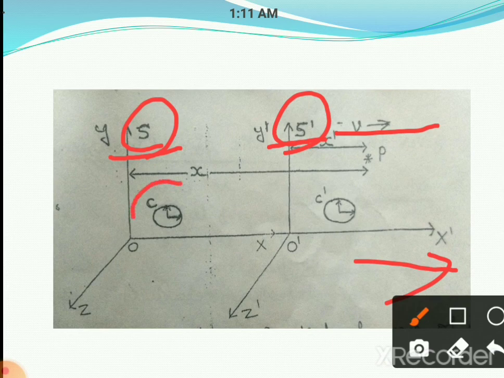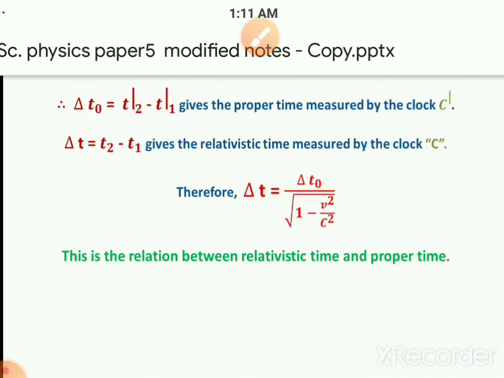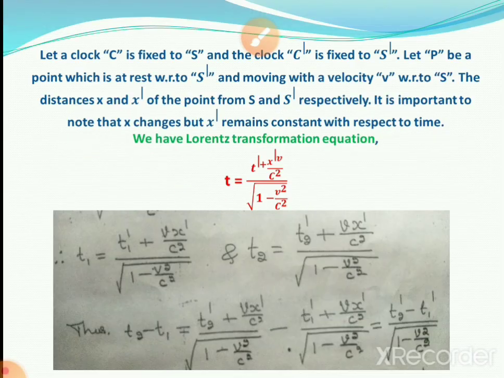So this is one clock and this is the other clock. Let a clock C be fixed to the S frame and the clock C dash be fixed to the S dash frame.